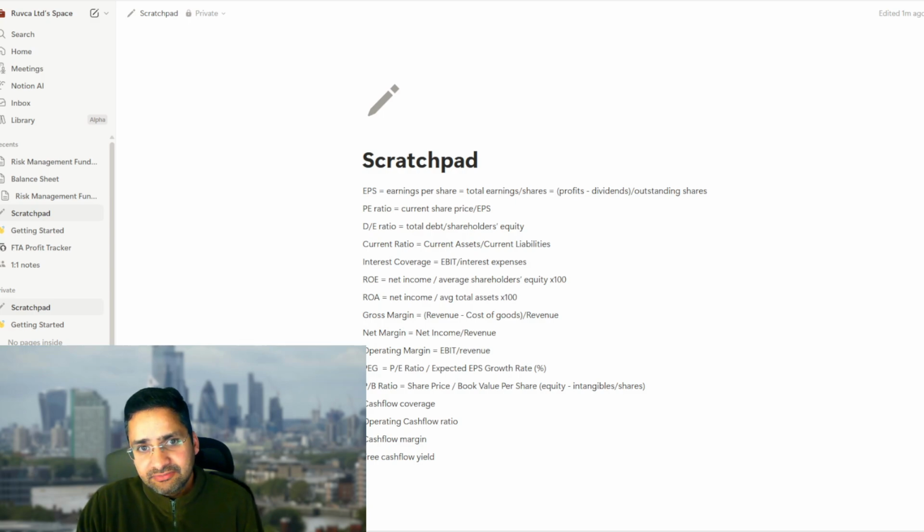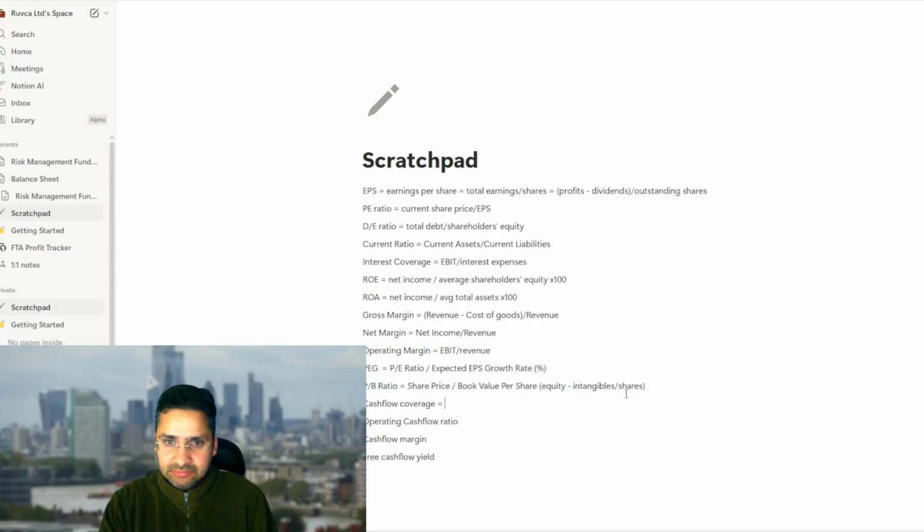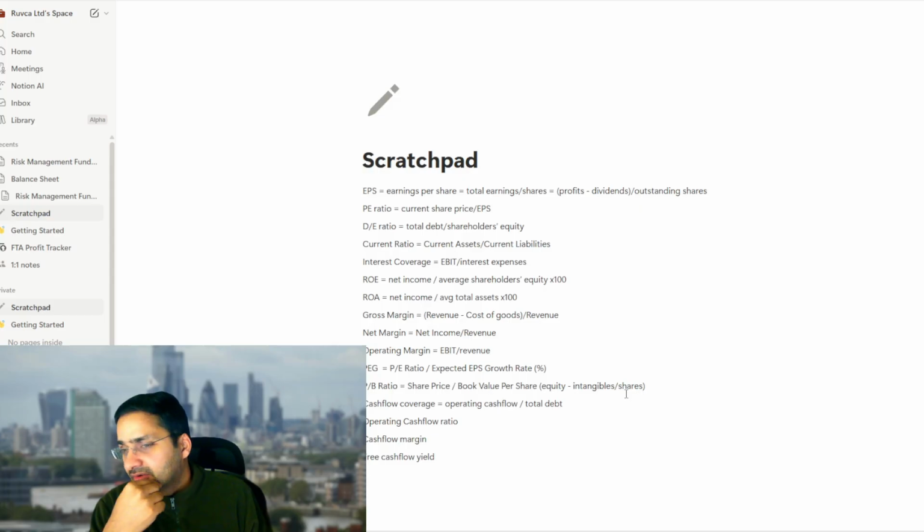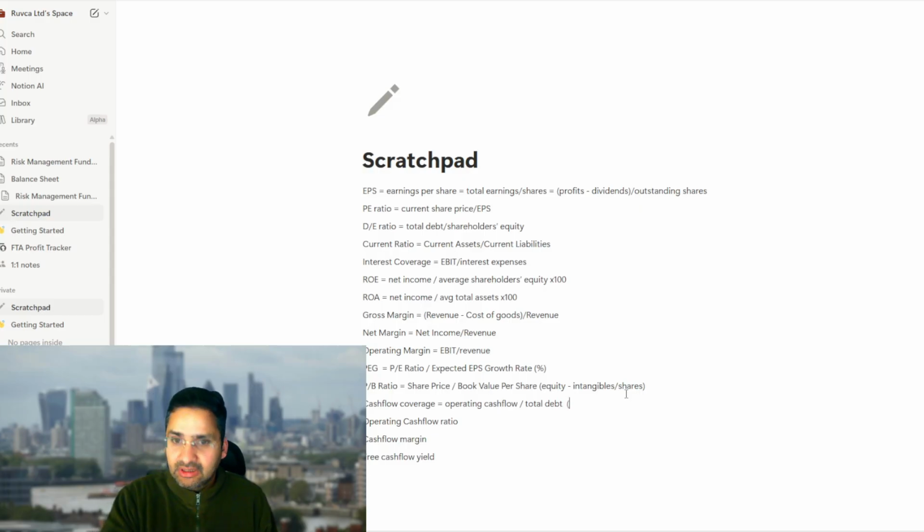So the cash flow coverage ratio, which is the first one here, is basically the operating cash flow divided by the total debt that the company needs to service. For this one, the ideal range should be 1 to 1.5.